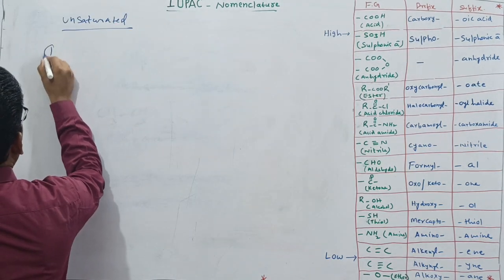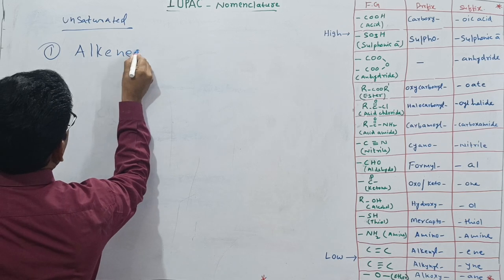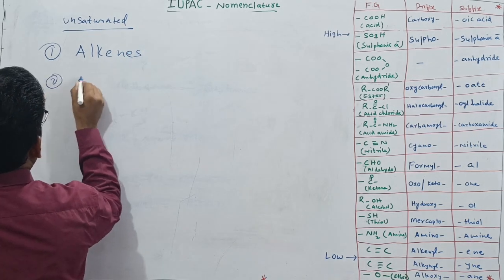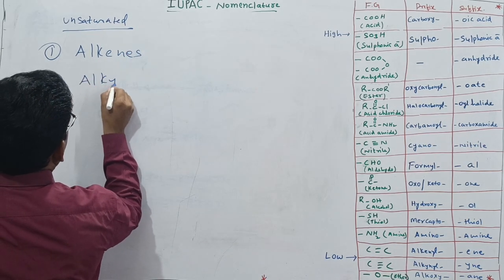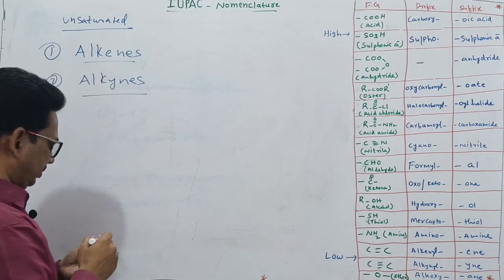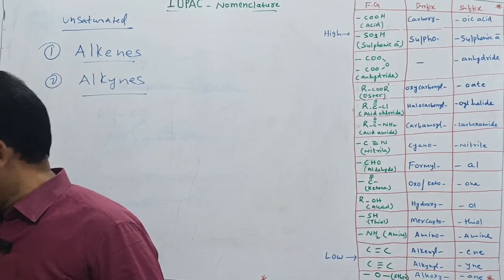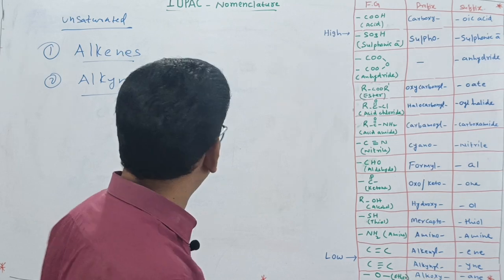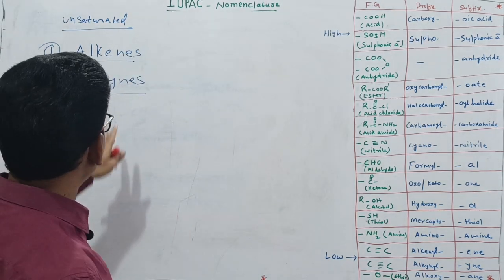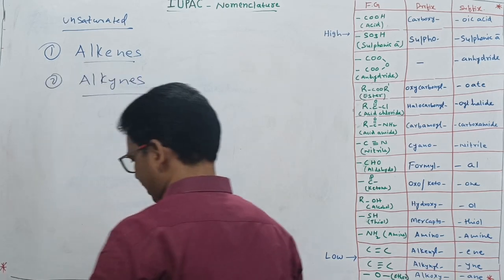The first one is called alkenes. The second one is the alkynes. I hope you are not getting bored. Then in this case you can see how we are going to give the nomenclature.